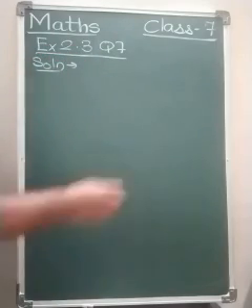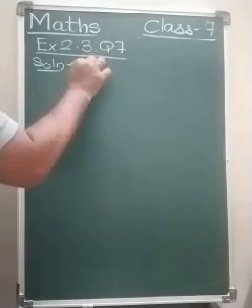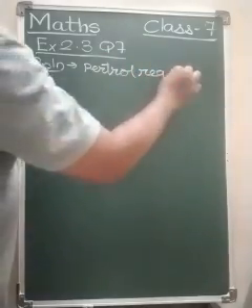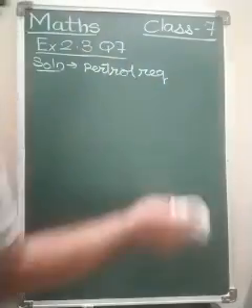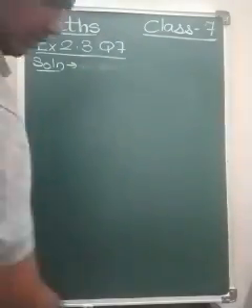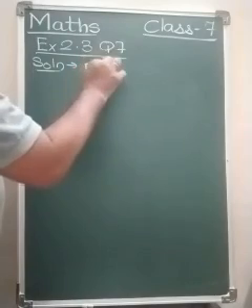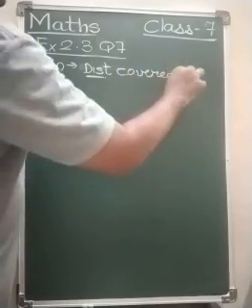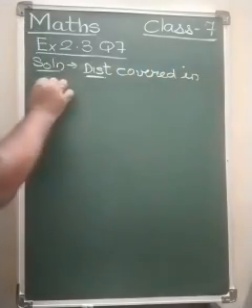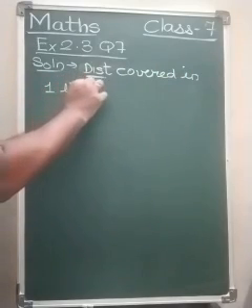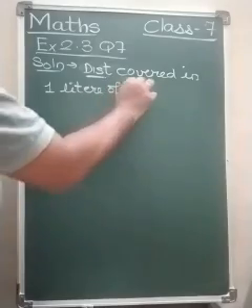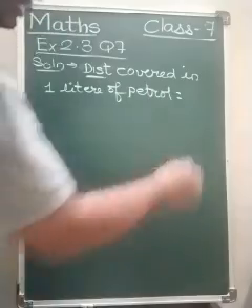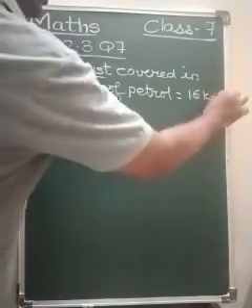First we'll write down the information. Distance covered in 1 liter of petrol equals 16 kilometers.